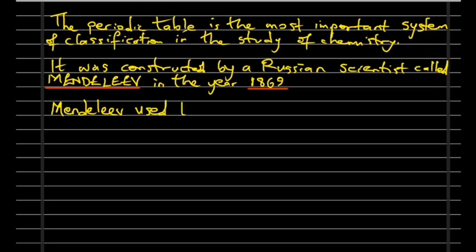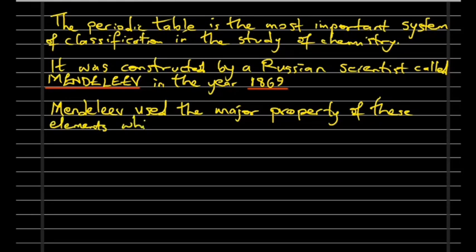Mendeleev used the major property of these elements, which happens to be the atomic number of the elements.